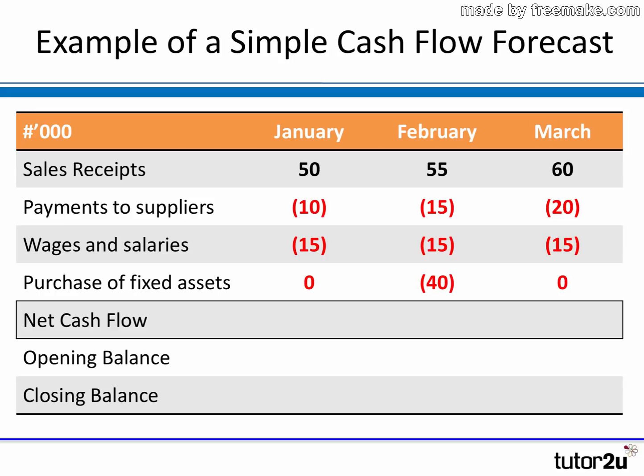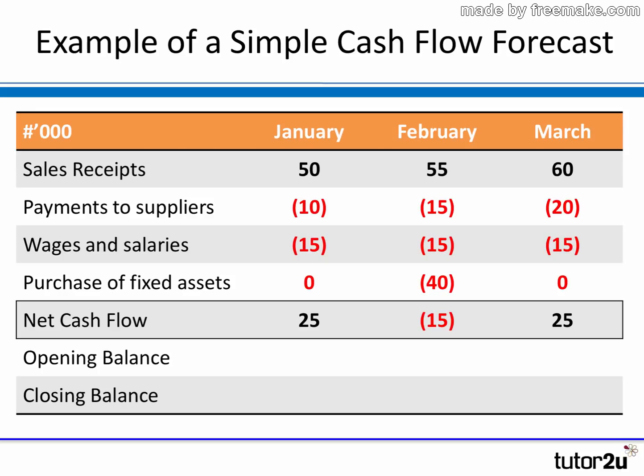First thing to do with the cash flow forecast is to add up the inflows and take away the outflows to see what is the net. If you add them all up, it's known as the net cash flow. So net cash flow is total inflows less total outflows. If you add those up for those months, you can see that in January, we had inflows of 50 and outflows of 25, which means a net cash flow, a positive cash flow of 25.